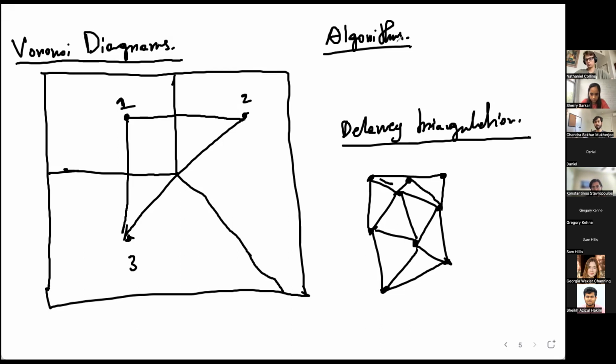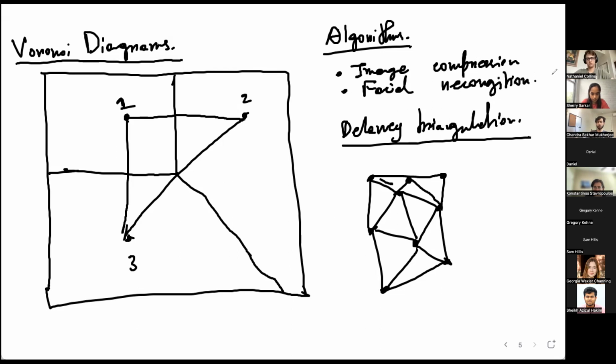It is essentially a part of computational geometry. And it has various usage. It has usage in image compression, facial recognition, and so on.